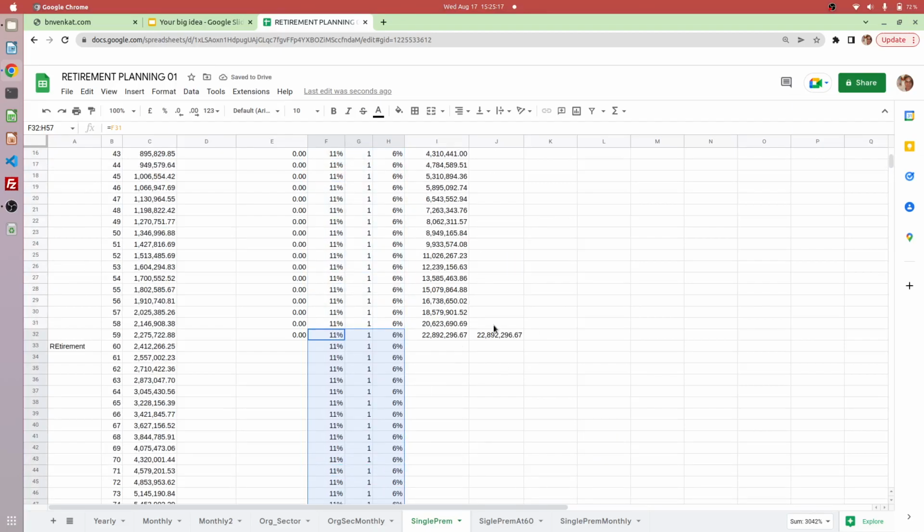Let us take now, I will calculate the post retirement running balance. This is equal to round figure of the previous running balance multiplied by 1 plus return divided by frequency factor, comma, 2 decimal places.